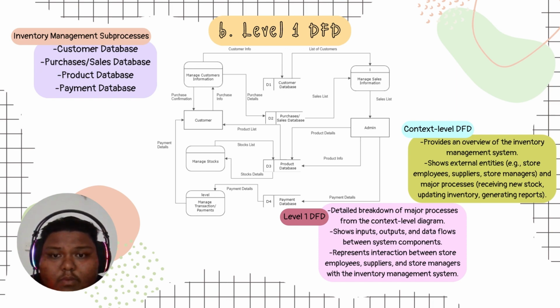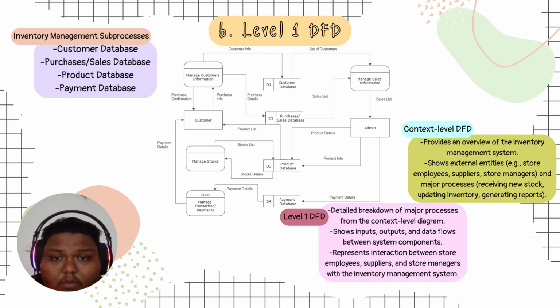As we can see on the overview of the Level 1 DFD, we have 2 entities, which are customer and admin. As a customer, we can see the product list, the purchase confirmation, payment details, stock list, and more other than that.